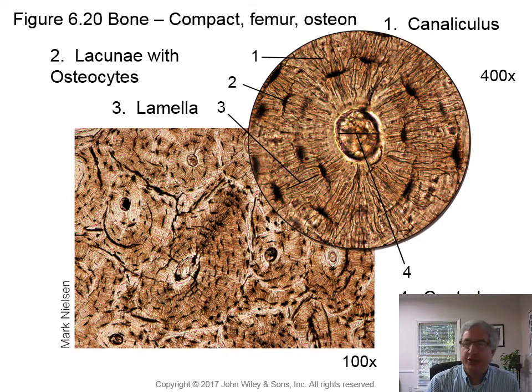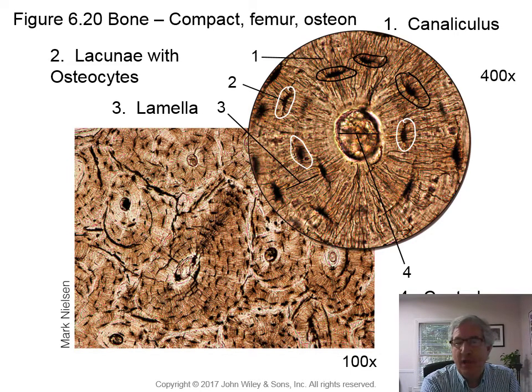And I guess I should point out this right here is a lacuna. Here's a lacuna. Here's a lacuna. So each of these lacunae has an osteocyte in it, has a bone cell in it, okay?